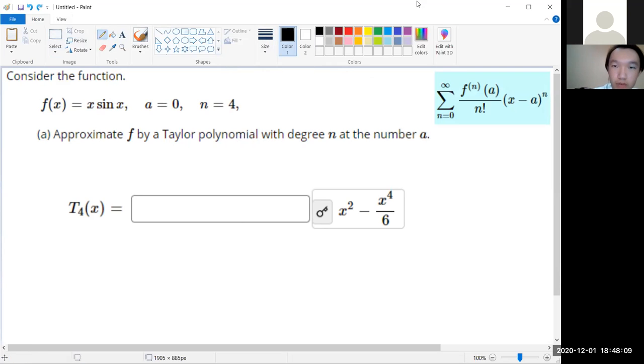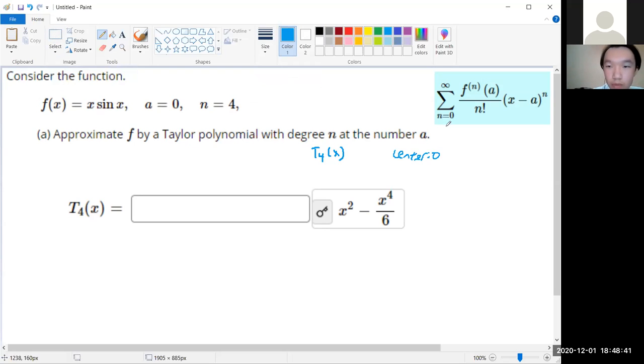The question also wants us to use a center a equals 0. So this is a Maclaurin series, because they're saying a equals 0, so the center is 0. This Taylor series is also a Maclaurin series.